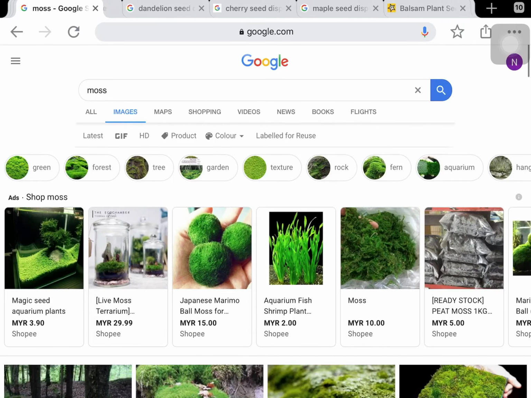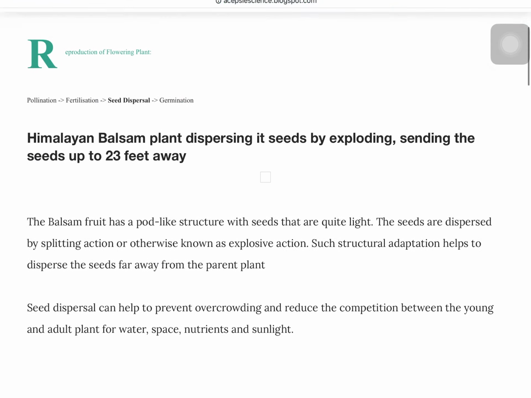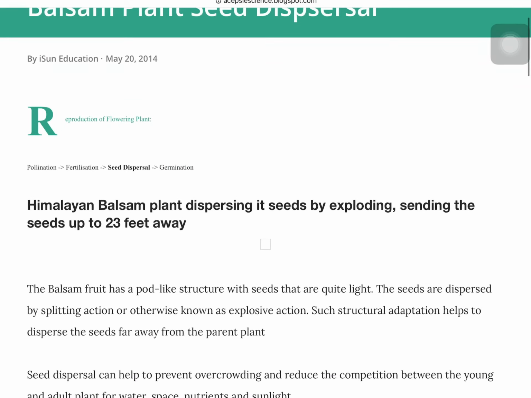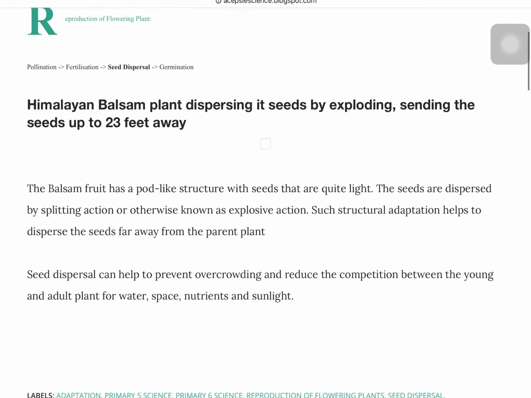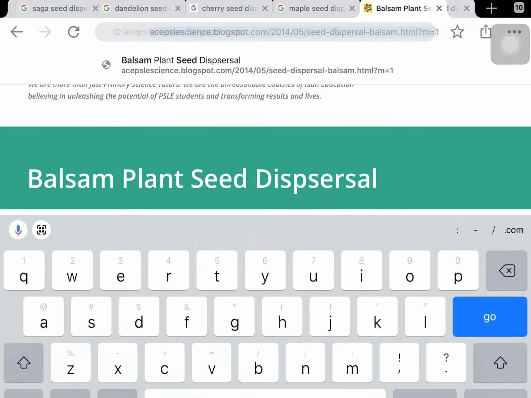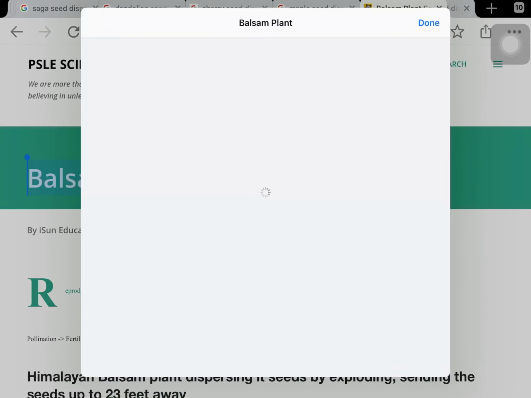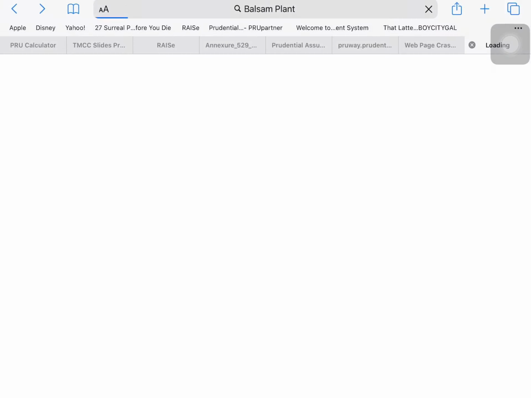Okay, so balsam plant. Now, balsam plant dispersed by explosion. Okay, so how does a balsam plant look like? Okay, let us check it out. Yeah, search web.